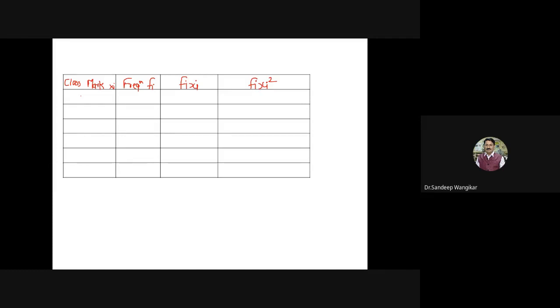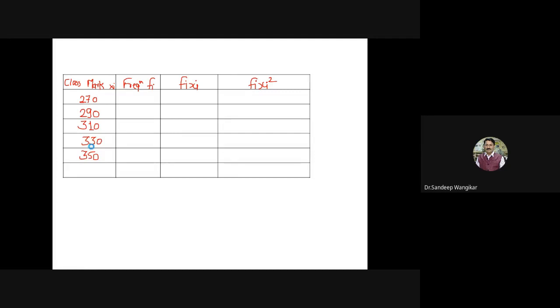I will substitute the values here, friends. Very first 270, then 290, 310, 330, 350. I request you to write so that we will proceed simultaneously.